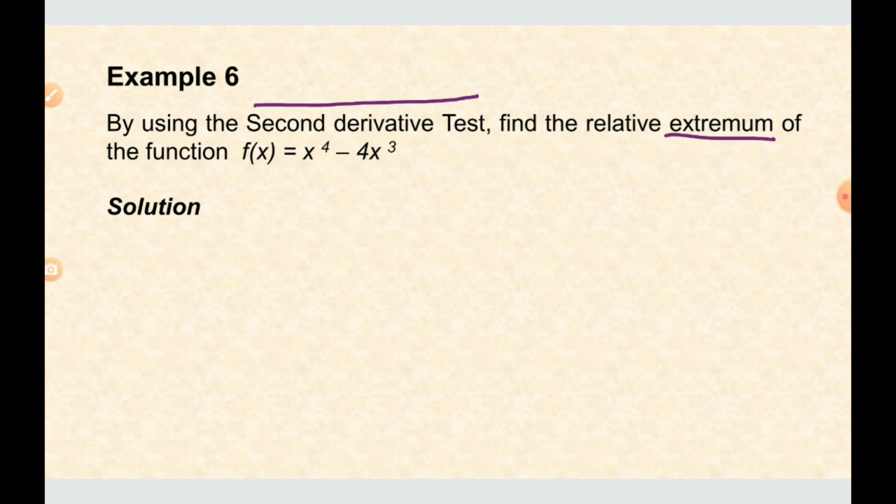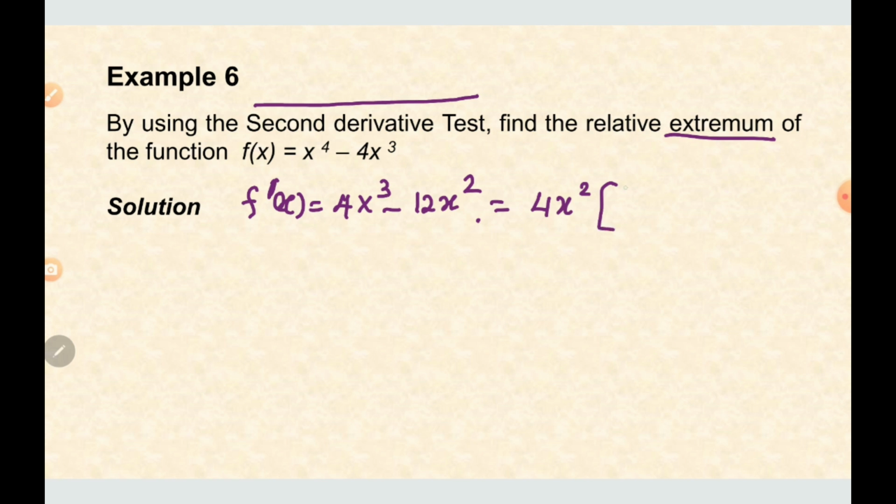Now, firstly, you have to differentiate f. We have f prime x equals 4x to the power of 3 minus 12x squared. Then you need to factor out 4x squared, and the remaining is x minus 3.